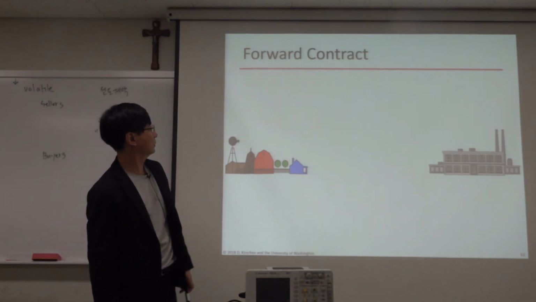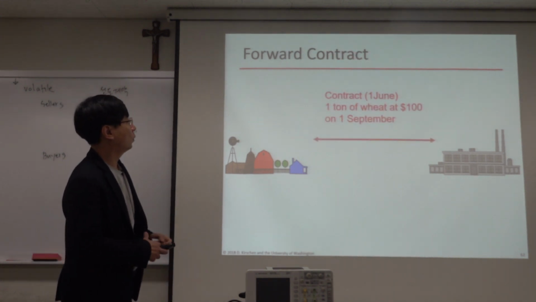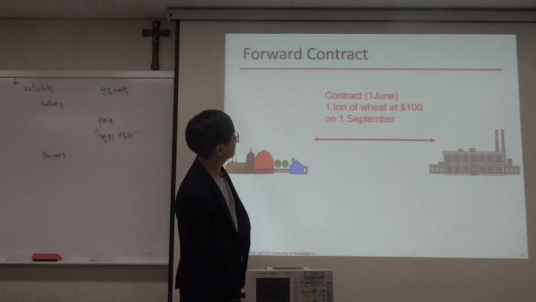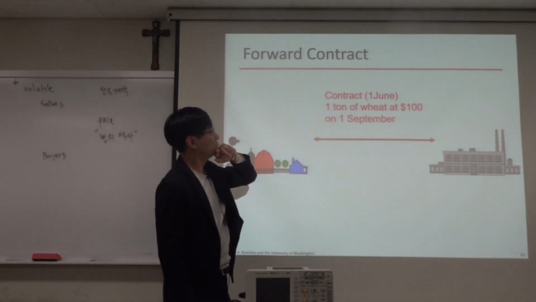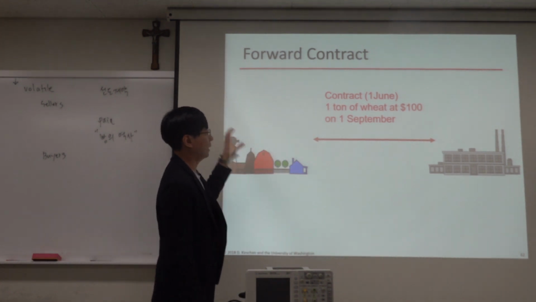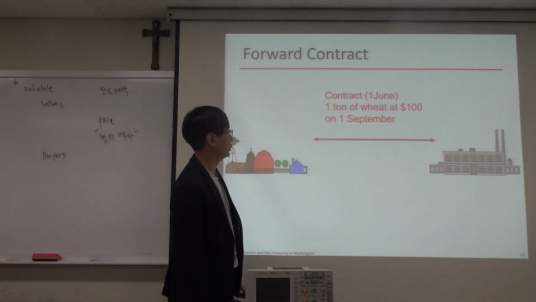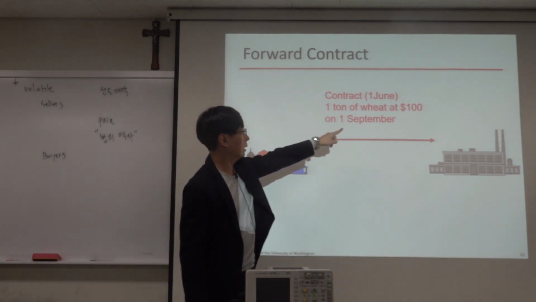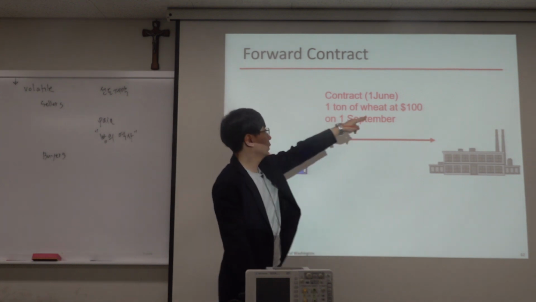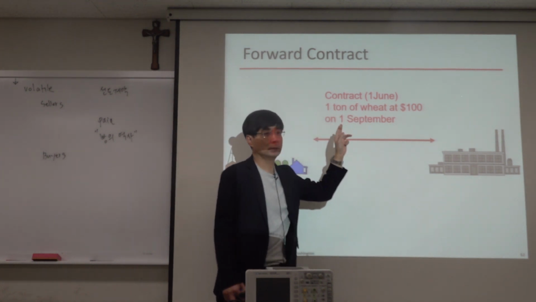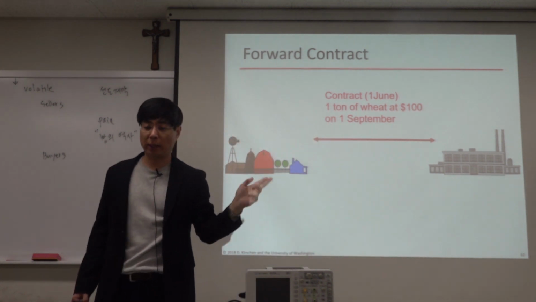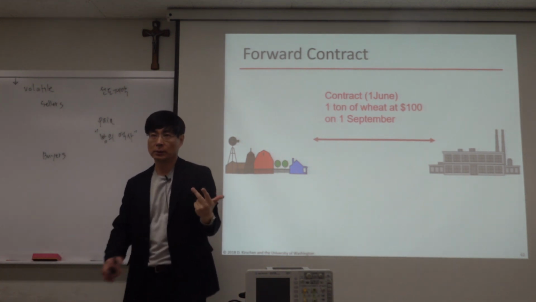So let's look at the example. Forward contract. On June 1st, this farmer and miller made a forward contract, 1 ton of the wheat at $100. This will be delivered on September 1st. So this forward contract is made 3 months in advance. Okay?